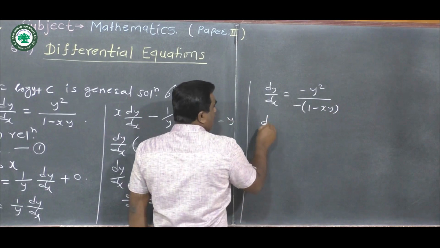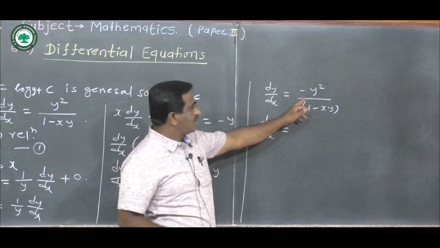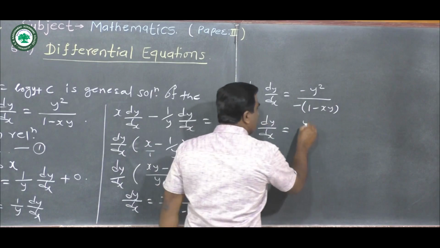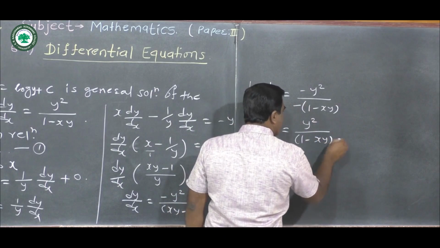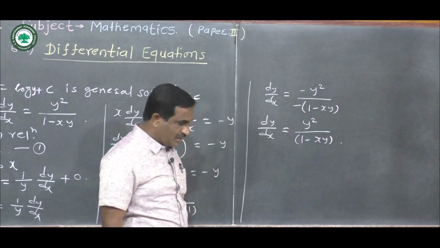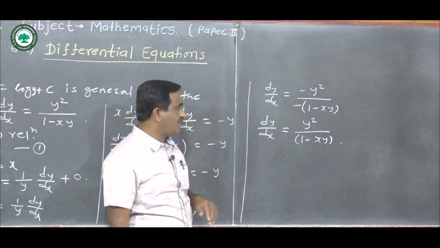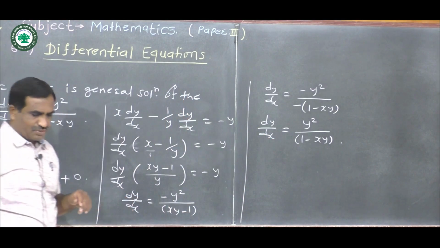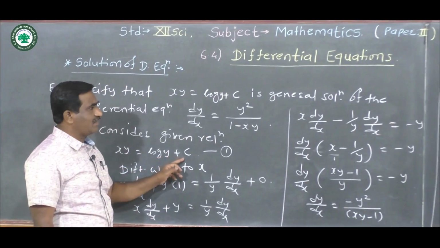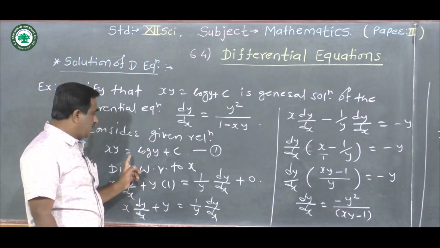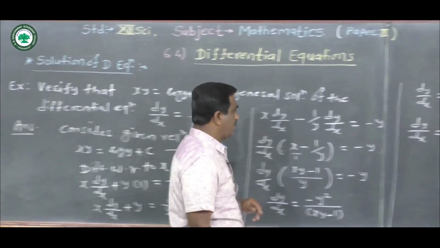Finally, the minus signs cancel out, and we get dy by dx equal to y square upon 1 minus x into y. This is the differential equation of equation 1, x into y equal to log y plus c. Therefore, this is the general solution of the differential equation in equation 2.